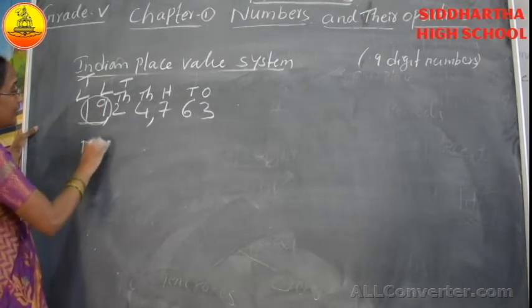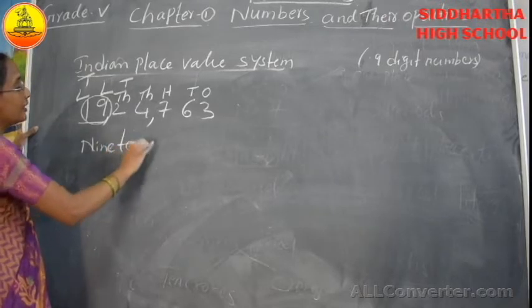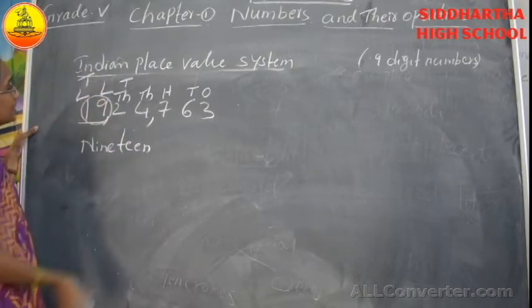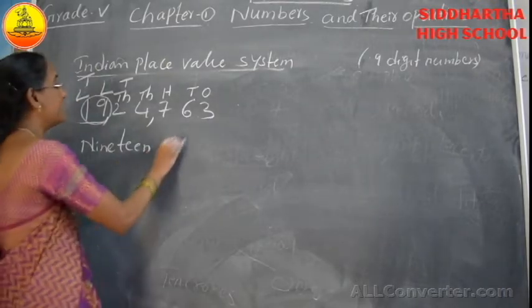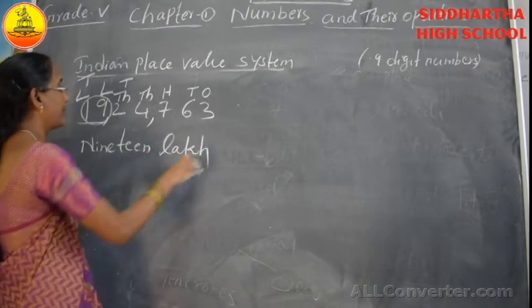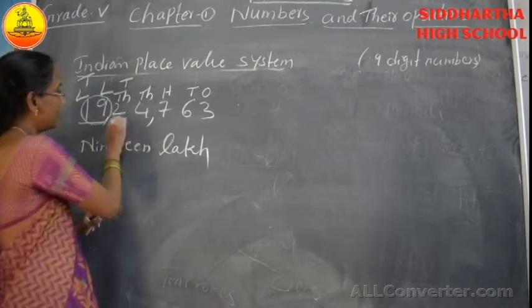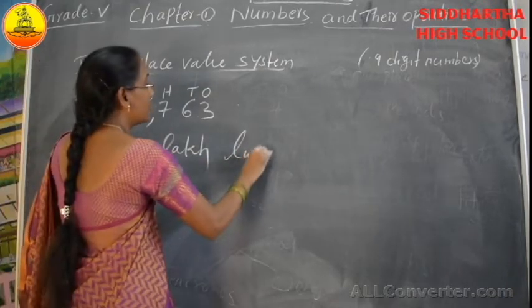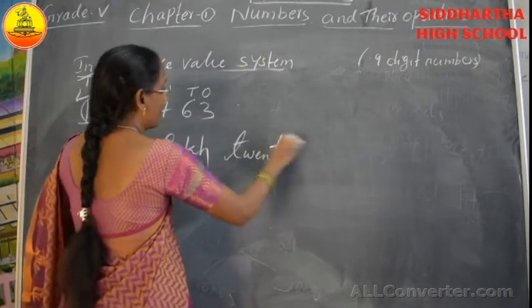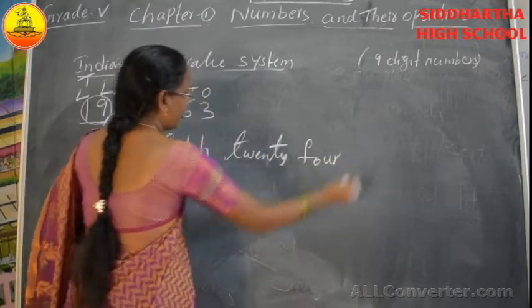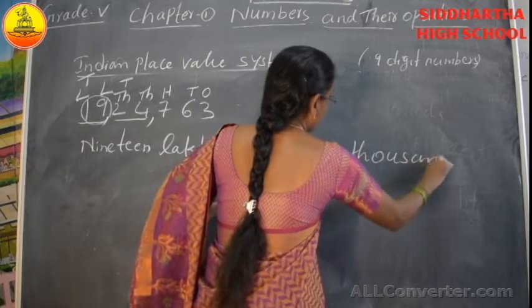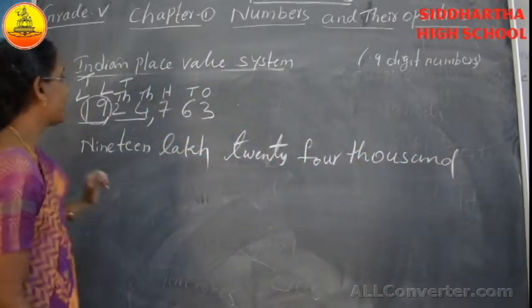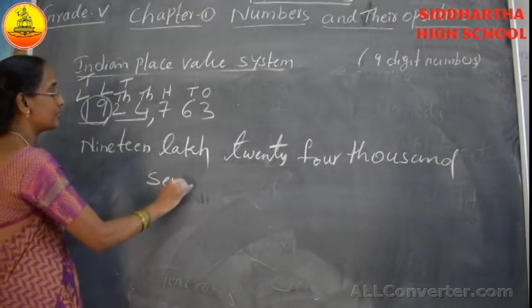So you write here 19. 19 is in the lakhs places, so it is considered the lakhs period. 19 lakh 24,000. 19 lakh 24,763.